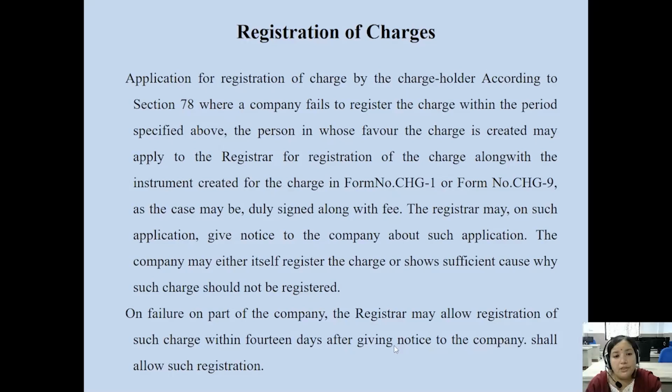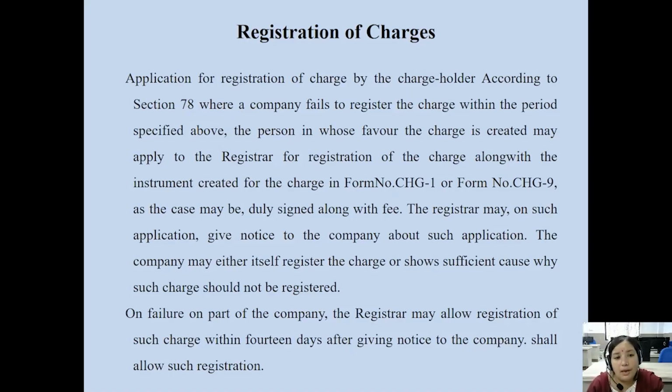Then come to the application for registration of charge by the charge holder. As per Section 78 of the Companies Act 2013, where a company fails to register the charge within the period specified above, the person in whose favor the charge is created may apply to the Registrar for registration of the charge, along with the instrument creating the charge, in Form CHG-1 or Form CHG-9.